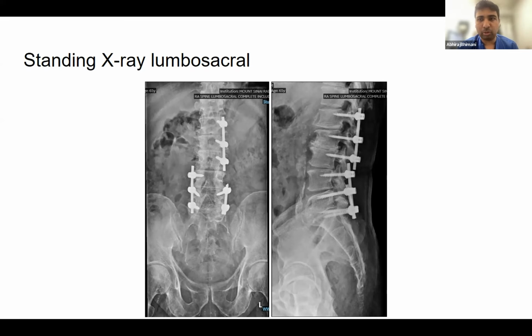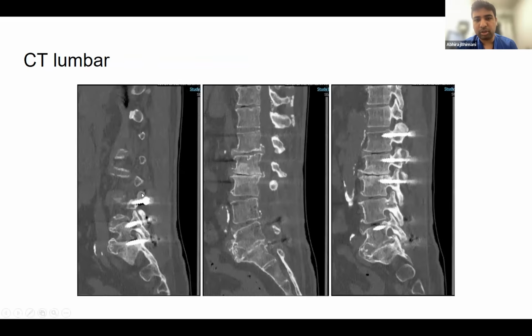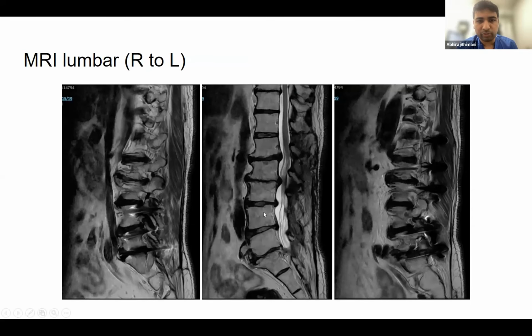I would instrument bilaterally in this case, as well as do a pretty significant foraminal decompression at L4-5, and also at a higher level, and maybe some central decompression at L1-2 and L2-3.